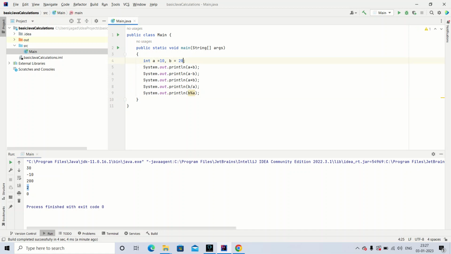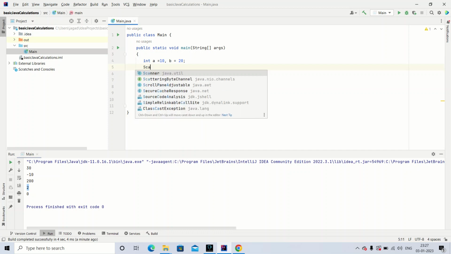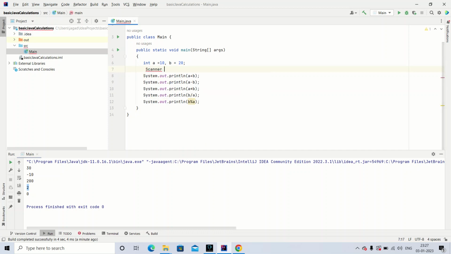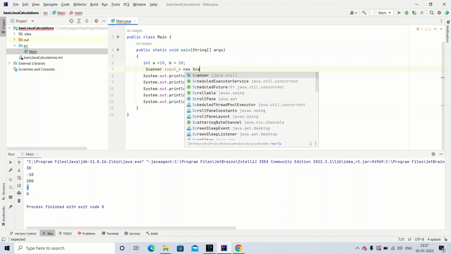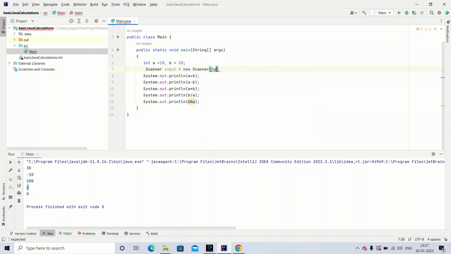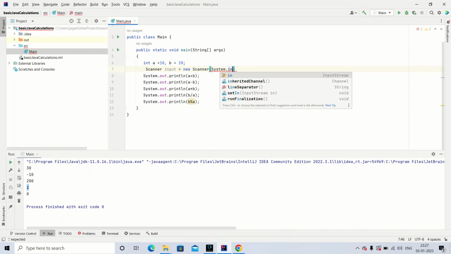So if the user wants to change the input, what is the process? It's very simple. Let's declare this scanner: Scanner input = new Scanner(System.in).